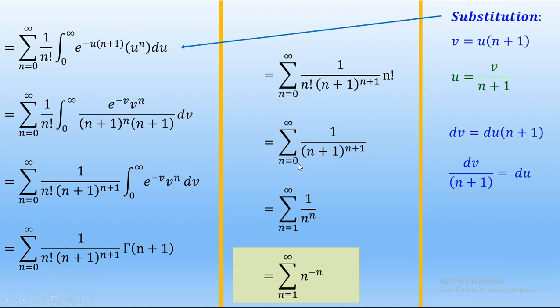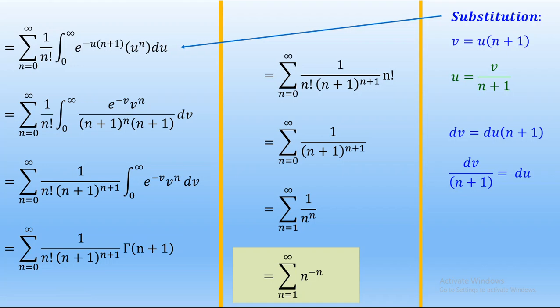Now it is under summation n equal to 0 to infinity. Suppose we change the limit of summation to n equal to 1 to infinity, that is, we increase one term in the summation. So we are getting summation n equal to 1 to infinity. Since we are increasing one term, this n plus 1 will decrease by 1, because the limits are increased by 1.